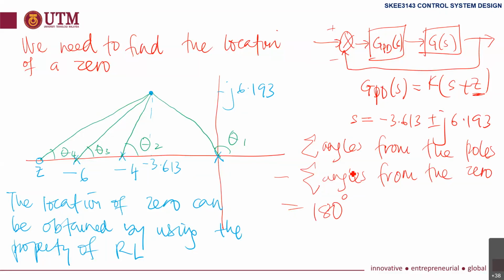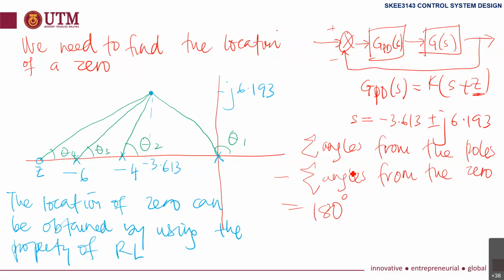In fact, if you change zero minus pole, it also gives the same answer, because 180 degrees can be positive or negative. So I use angle from poles minus angle from zero equal to 180 degrees.